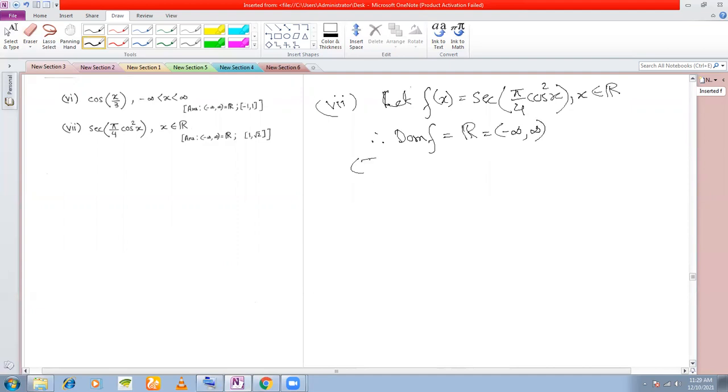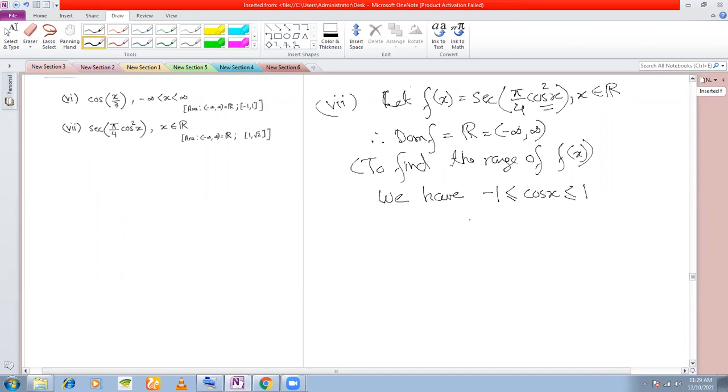Okay, now to find the range, that means what are the acceptable values of y. Now because you have a cos here, we start with the cos. What are the values that cos can take? Cos x lies between minus 1 and 1, isn't it?